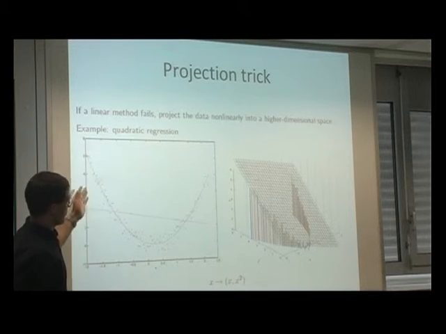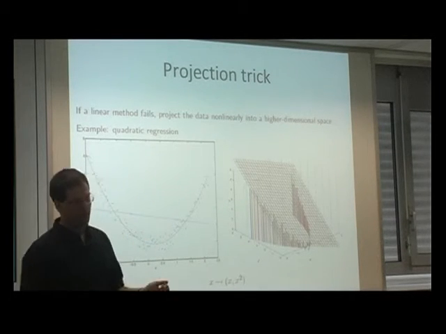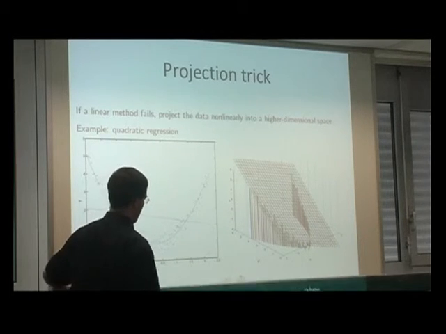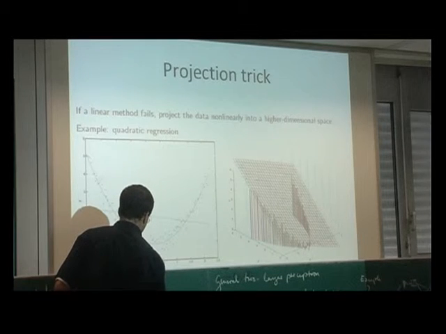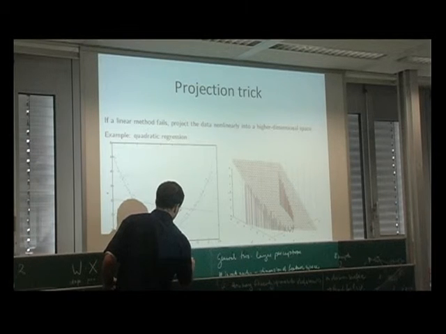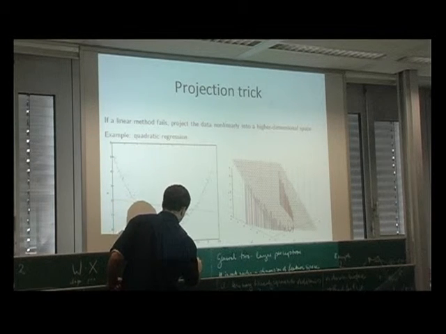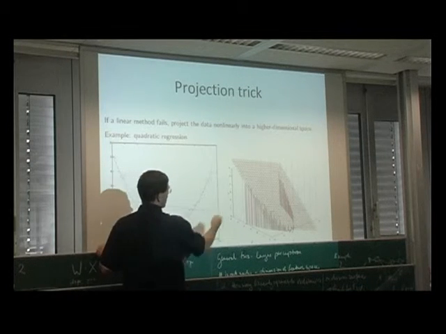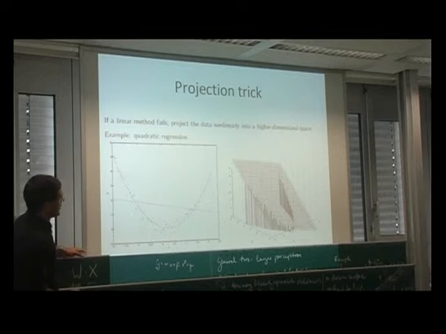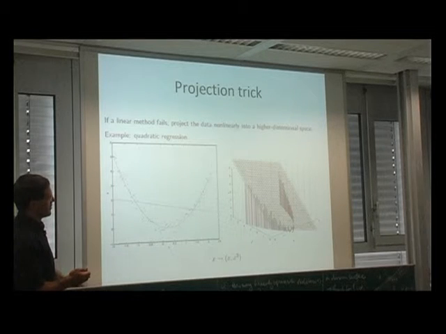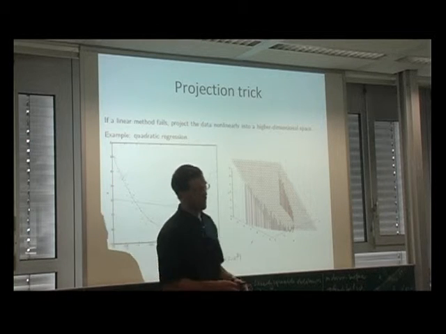So this parabolic fit here, I can rewrite it as y hat equals alpha times x plus beta times x squared plus some gamma. You see that it is linear in alpha, beta, and gamma. So in polynomial regression also, you explicitly map to a higher dimensional space in which your problem becomes linear.